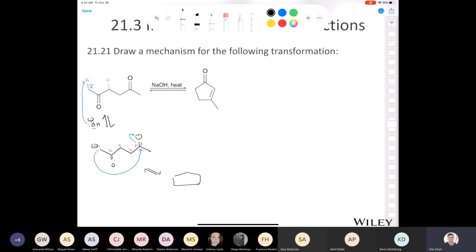And if I number this, 1, 2, 3, 4, 5, on carbon number 2, I'm going to have my carbonyl. And on the 5th carbon, I'm going to have this oxide and a methyl group, like that, right?